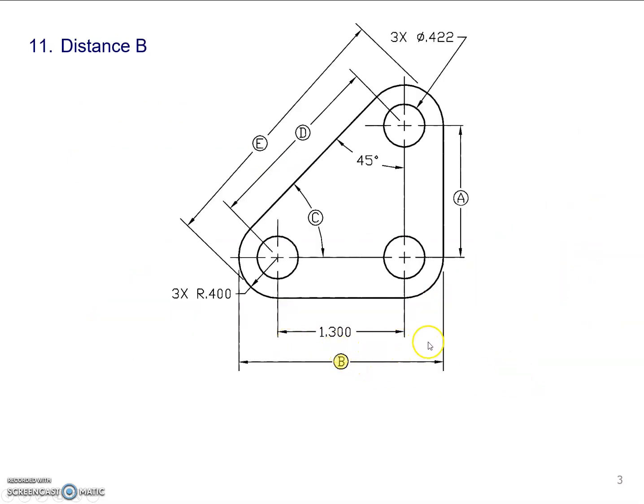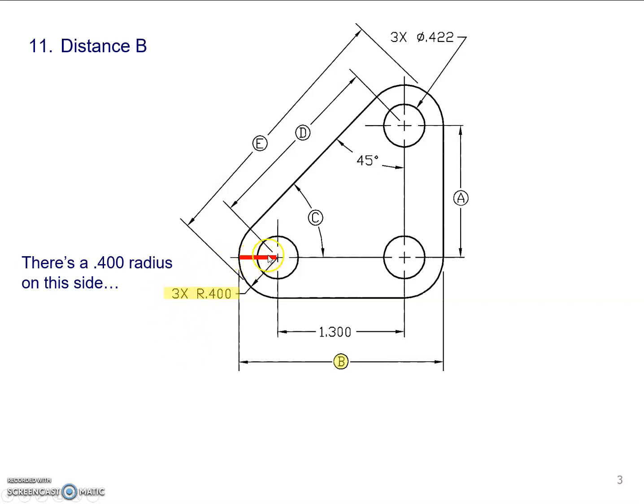Now let's think about this distance B, and maybe you would need this if you were figuring out how big a piece of raw stock you needed from which to cut this part. So let's think about what we know. We are told that there are 3 radii, and each one is 400 thousandths.